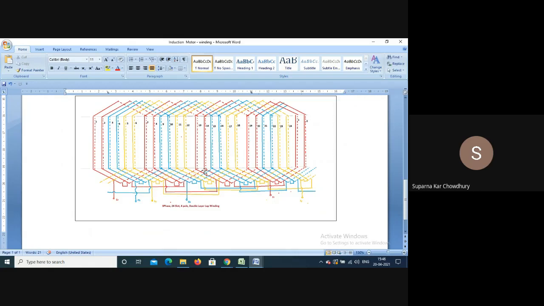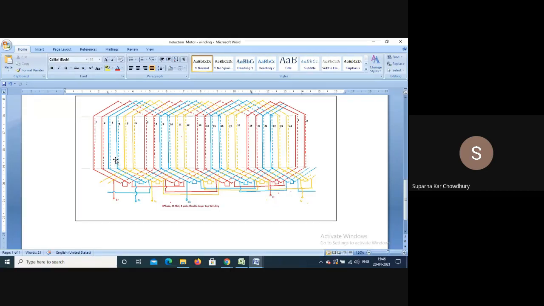So the next is this coil. Again this is the coil. So this is the R phase coil.